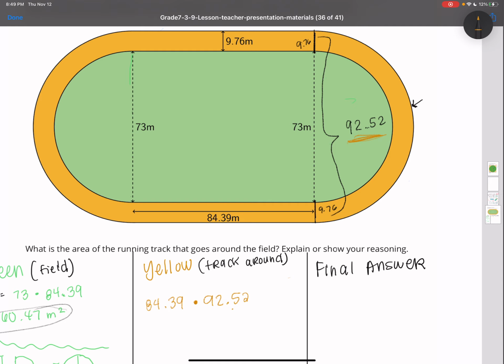So I want to multiply those two numbers together. And I should get 7,807 and 7,628 ten-thousandths, okay, meters squared.